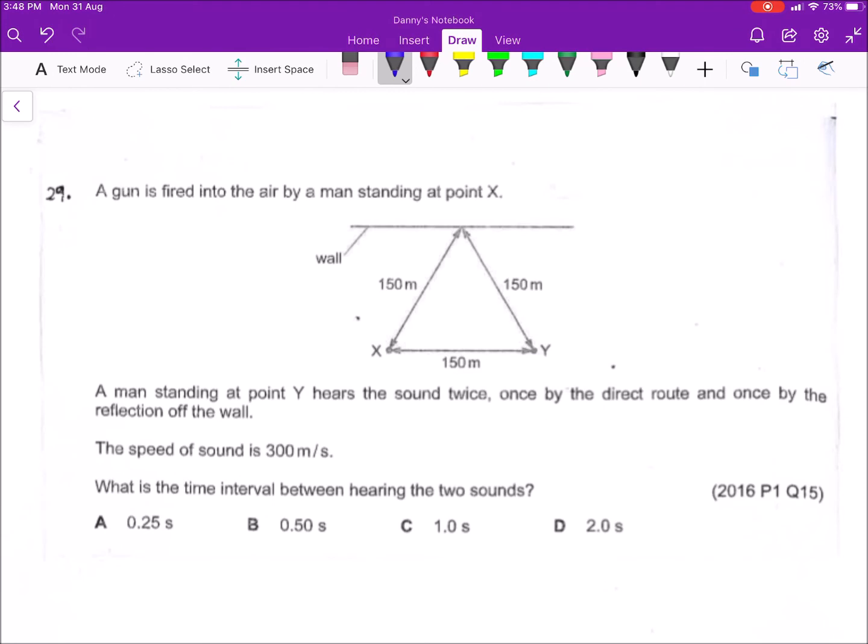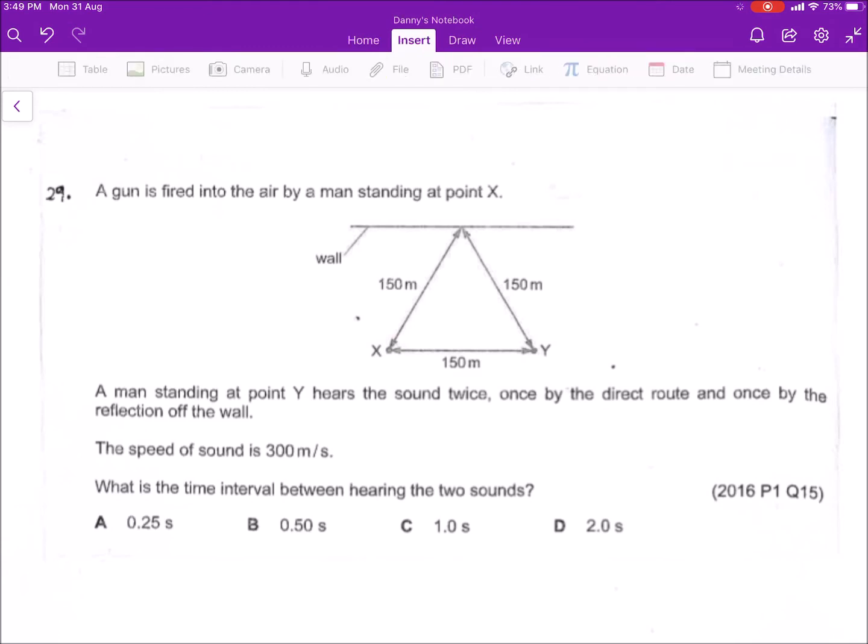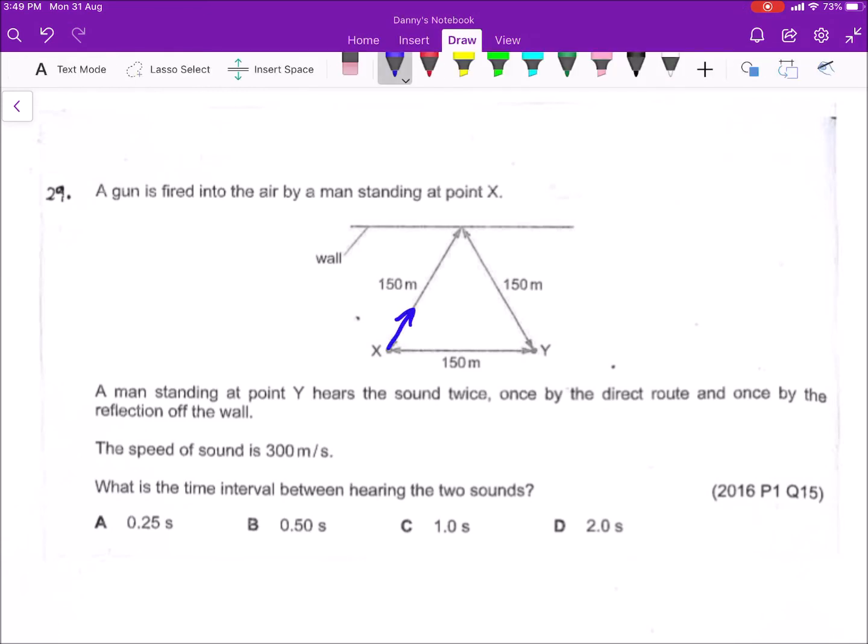Okay, question 29 is about sound again, but this time round it is about echo. Basically when you fire a gun at X, there will be sound produced in all directions. In this case, we are interested in these 2 directions, and you are standing at Y. You will first hear this sound because it is nearest to you.